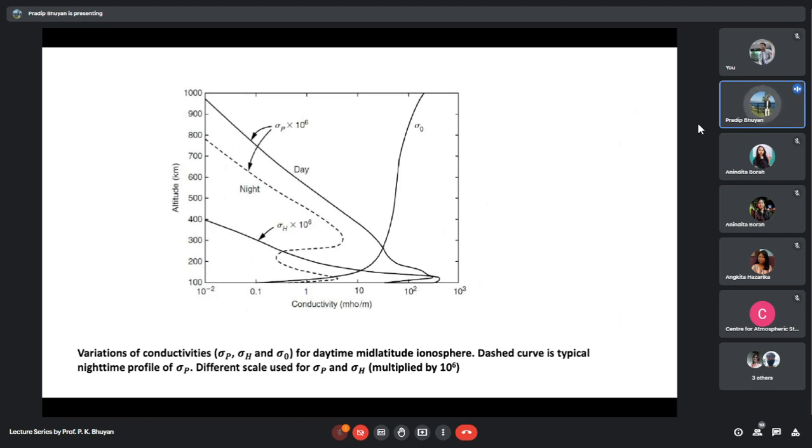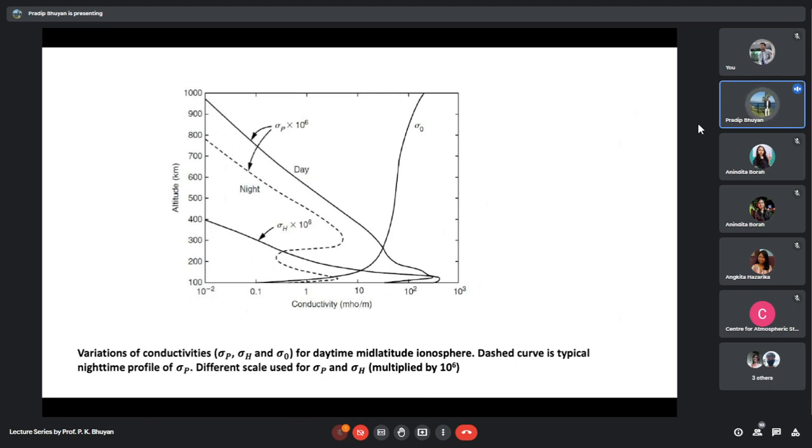We have three conductivities: the Hall conductivity, the parallel conductivity or meridional conductivity, and your Pedersen conductivity. So these three conductivities are not the same at any altitude. At any altitude, either two of them are the same, the third is not equal, or like that.